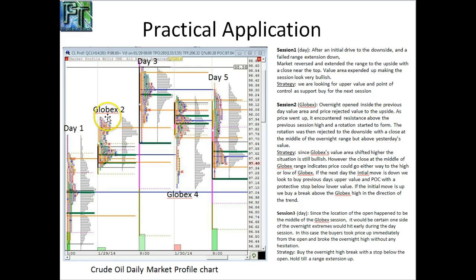So I would go long with the break of the overnight high, and I would put a protective stop below the open of the day session, and I would hold this until a range extension to the upside would take place.